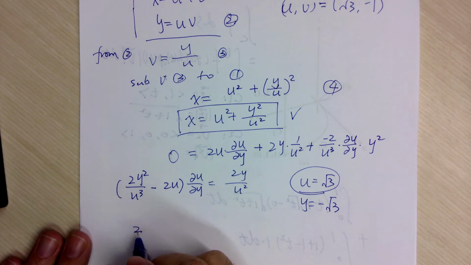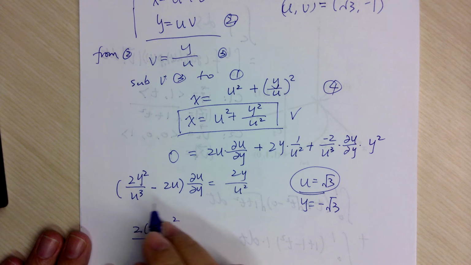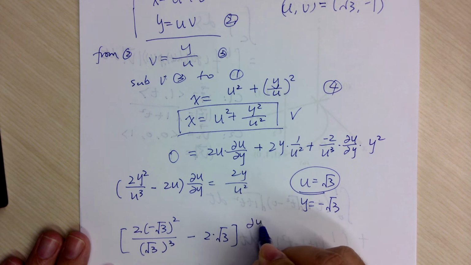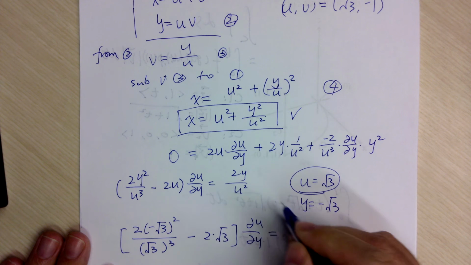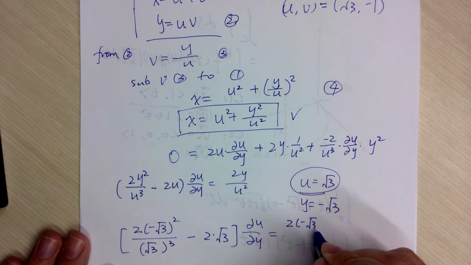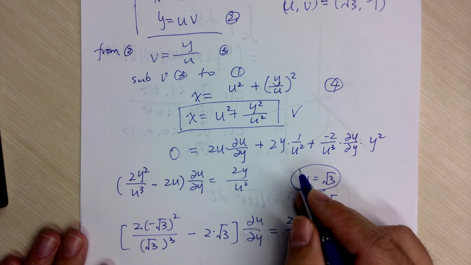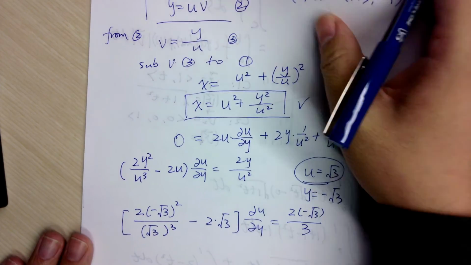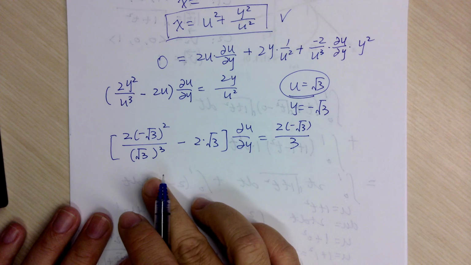So it's 2 times negative square root of 3 squared over square root of 3 cubed, minus 2 times square root of 3, times partial u, partial y, equals 2 times negative square root of 3 over u squared, which is 3, right?